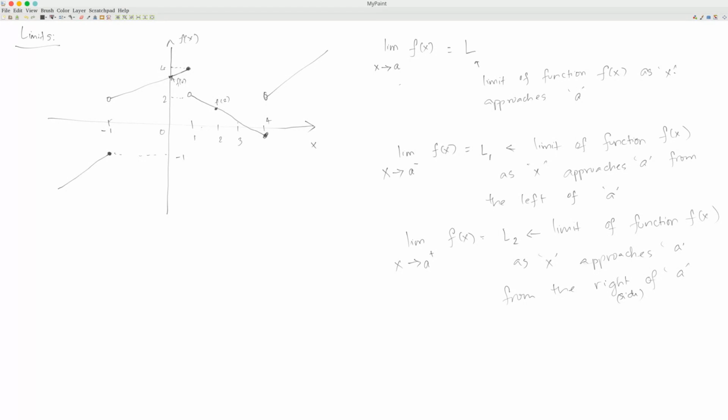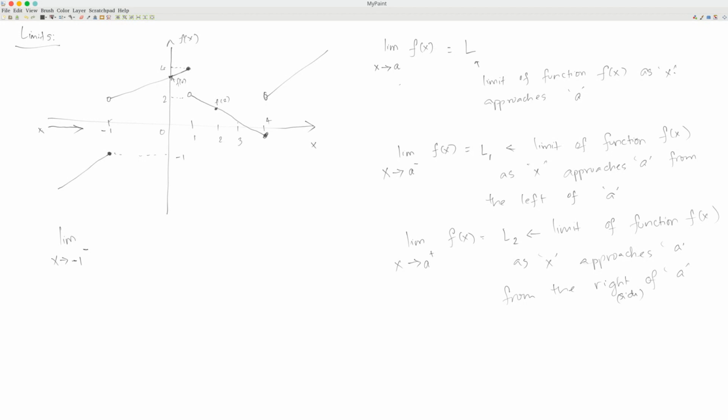So let's see, we have multiple breakpoints here. I have -1, I have 1, I have 4. So let's say limit as x approaches -1 from the negative side. So I'm going to approach -1 from the left hand side. So x is getting closer and closer to -1. As x changes, the function changes in this manner.